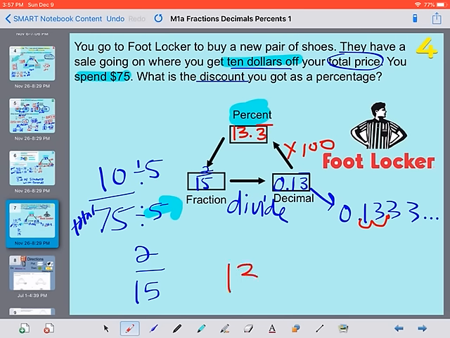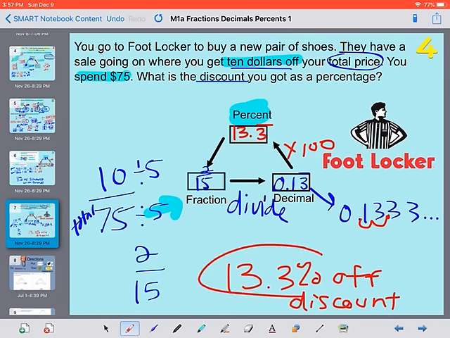So I'm just going to leave it as 13.3% off. That was our discount. So all we did was convert that from a fraction to a decimal, and then lastly to our percent. So what is the discount you got as a percentage? We got 13% off with that $10.